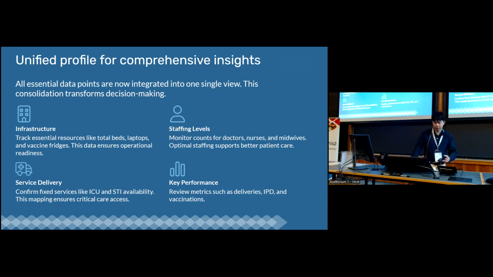One of the data that we have is the infrastructure data. This is quite straightforward, like total beds, total laptops, and how many vaccine fridges each health facility has. So this data ensures operational readiness of each health facility.